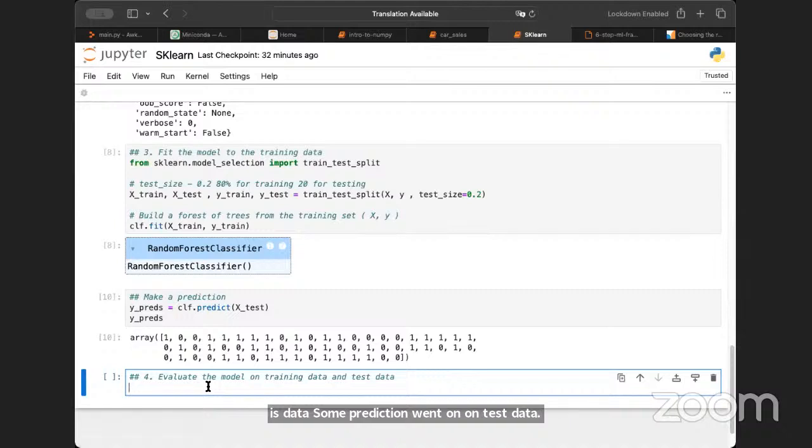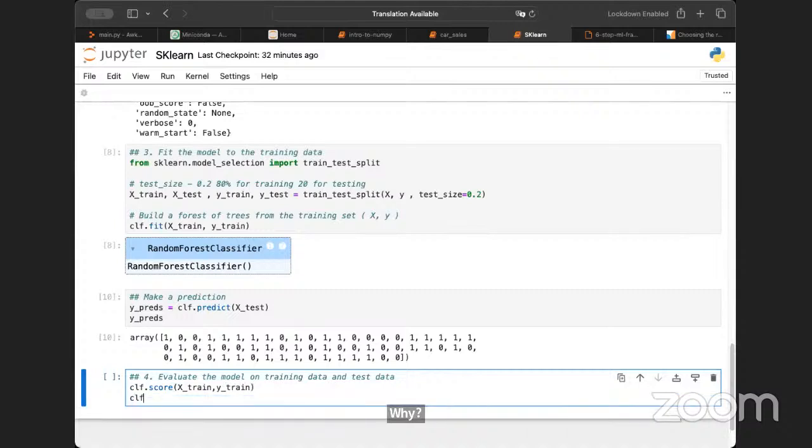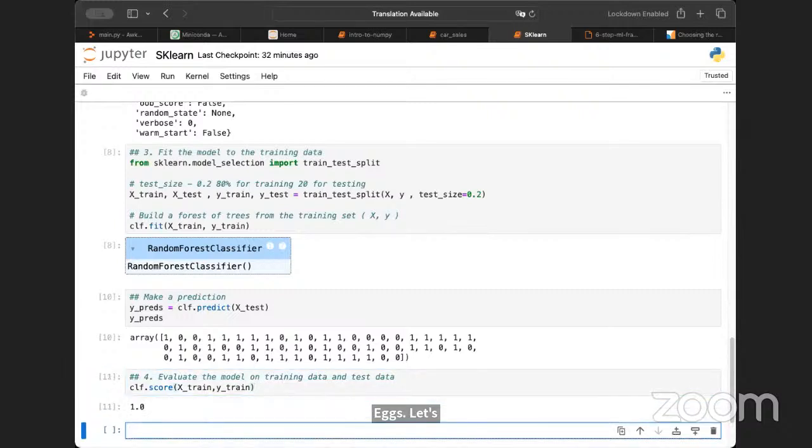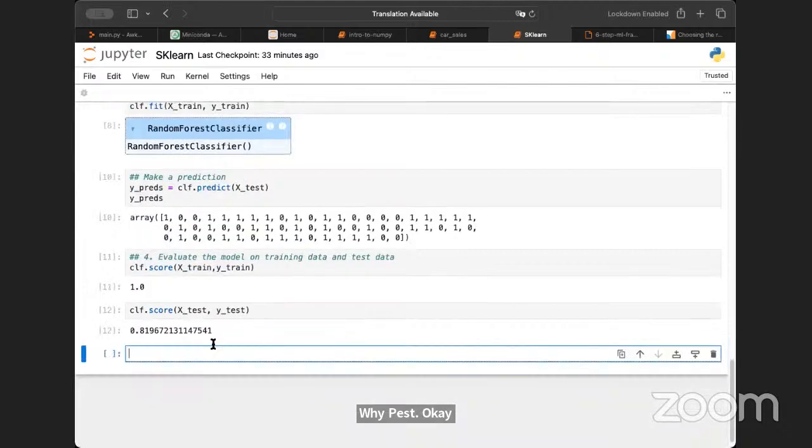But we want to make sense out of it. So let's see. The CLF score, X train, y train. Let's first do this: CLF.score(X_test, y_test).